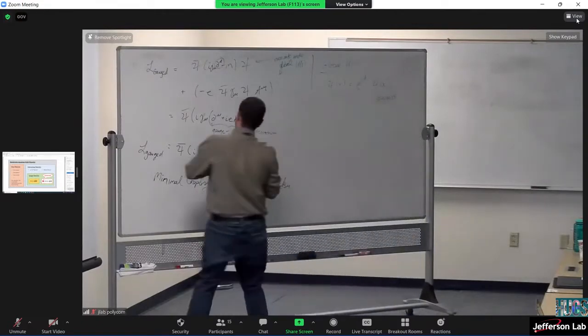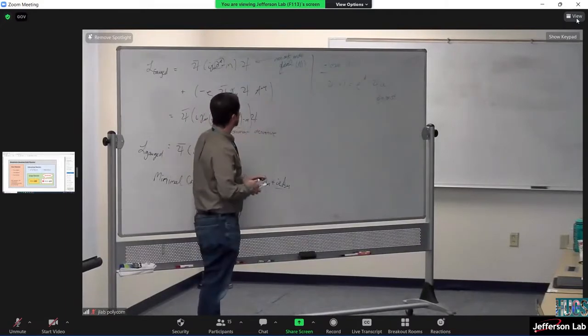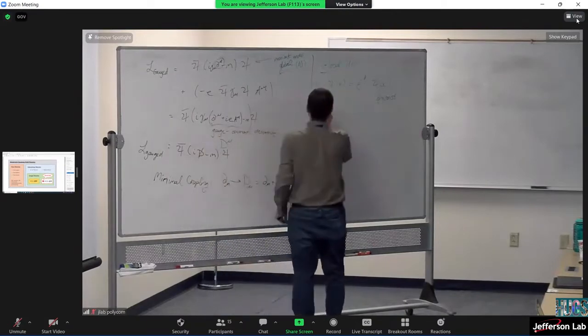And our purpose in adding in this extra term was to get rid of those scalar modes. But by adding this particular form, we've actually accomplished a lot more than that. We have effectively enlarged this symmetry.